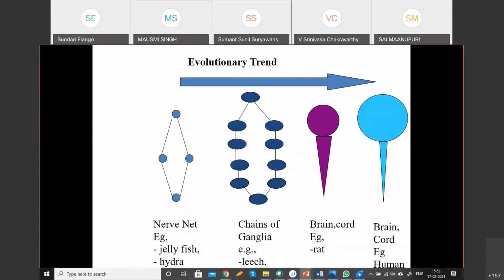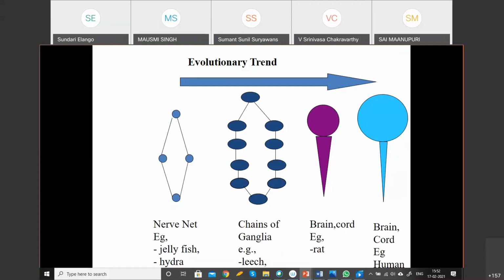Okay, so if you summarize all these trends that you see in neuroanatomy, we have seen that very primitive organisms like the jellyfish and the hydra simply have what is called a diffuse neuron net, a bunch of neurons distributed all over the body. That's all. There's no structure, no brain, no spinal cord, nothing.